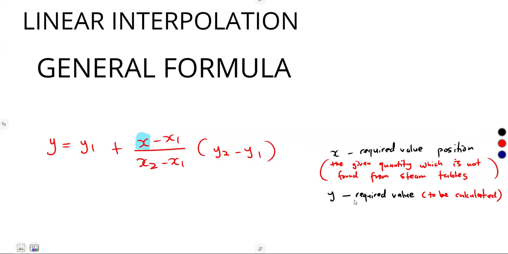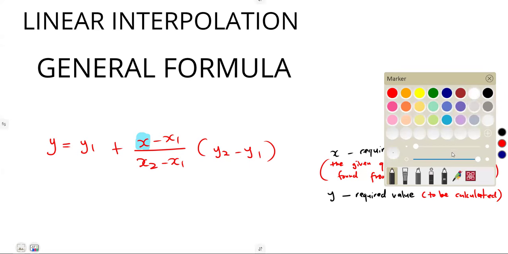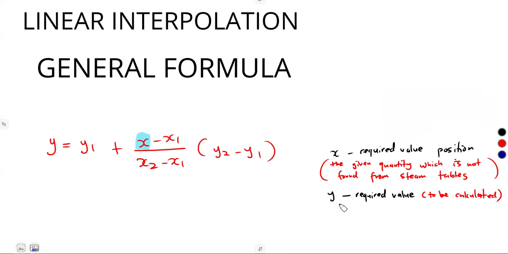So this y value is going to represent any of what we are being asked. So y here can represent the enthalpies, the entropy, the volume, and also temperature.